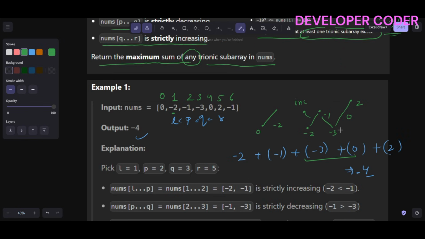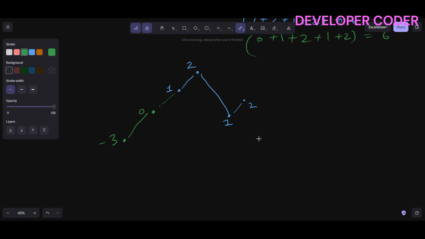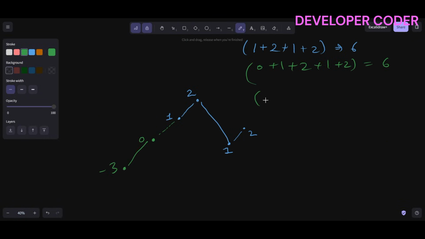Because we can have negative values for nums of i, so this is also one valid shape. So in this case your sum is minus 3 plus 0 plus 1 plus 2 plus 1 plus 2, and that is 6 and minus 3, yeah, 3. But this is wrong.